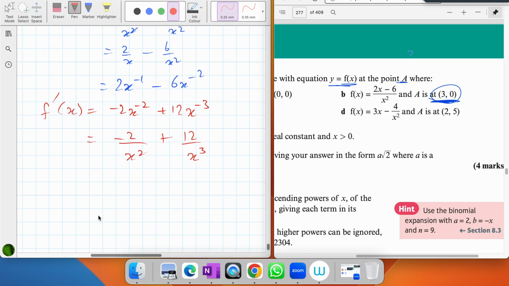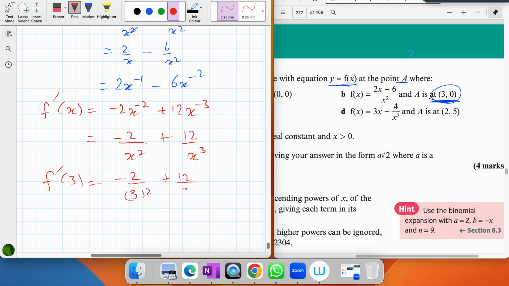So when x is 3, f'(3) is -2/3² + 12/3³. Remaining is the calculator's job. Getting it? You only need to know how to differentiate. Any doubts till now?